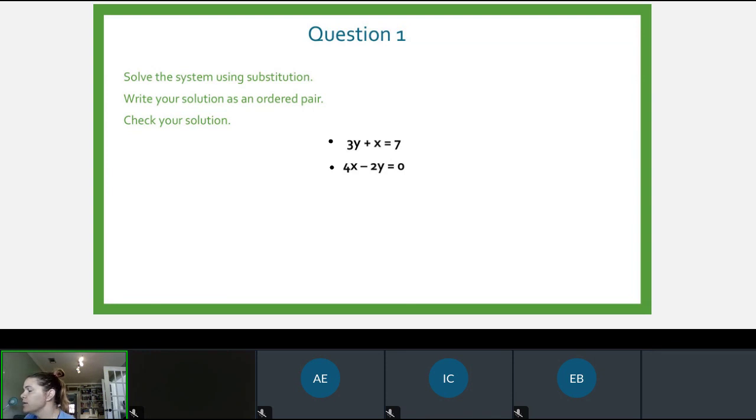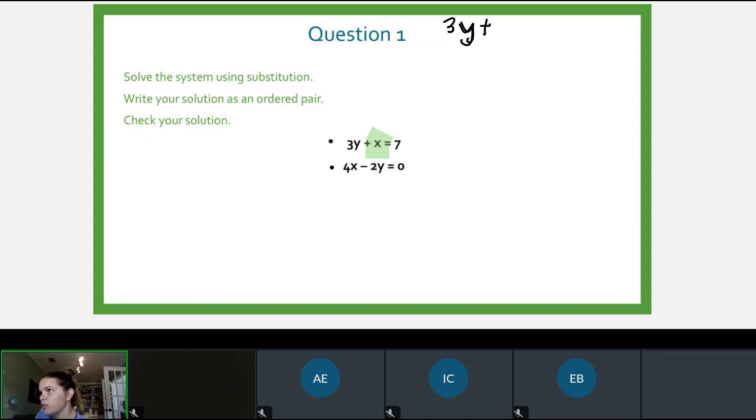Yeah, Jonathan, good. Anybody else? What do you think? Y'all got to work with me here. Do you think it's the top or the bottom? Just vote. Either one, top or bottom. Yes, good. The top. So right here, this is 1x. Good, Anna. Thank you. So we want to get x by itself. So what I'm going to do is come up here, and I'm going to solve the first one for x.